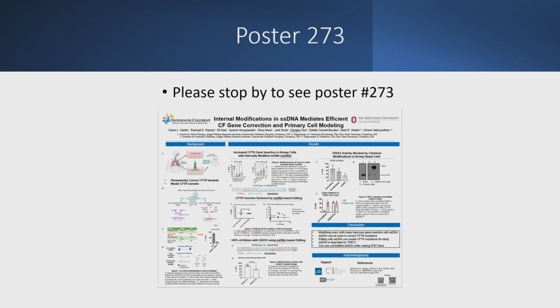But theoretically, that would be an unlimited size. I know we have a template that we purchased that was, I think, over 2,000 base pairs. I mentioned the limitation with AAV. So theoretically, single-stranded DNA could be made longer, and that is something that I am working on for future directions. Very cool. Thank you.